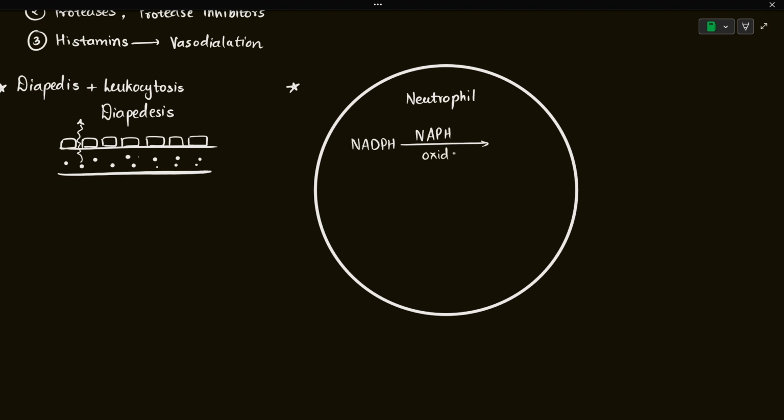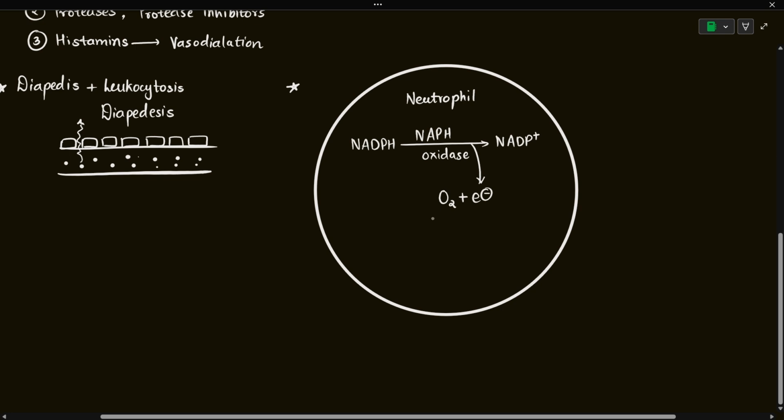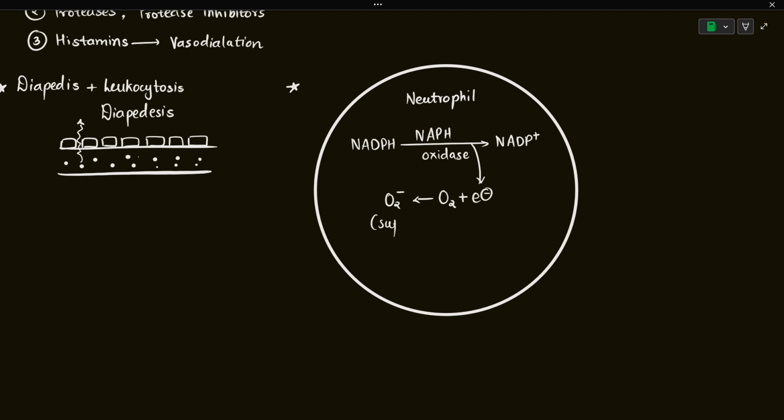This is going to oxidize the NADPH to NADP positive. This oxidation will release electrons. Those electrons will react with the oxygen which is present inside the neutrophils, and when the oxygen reacts with the electron, this is going to form superoxides.